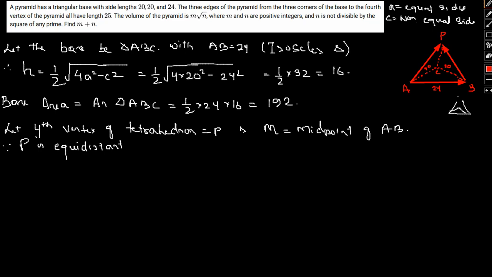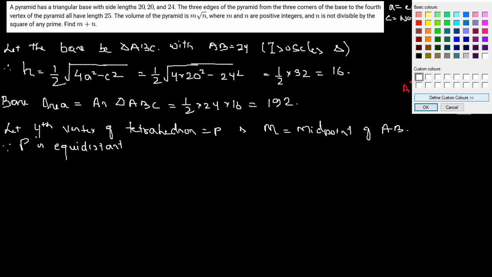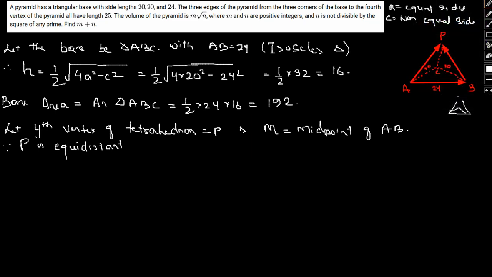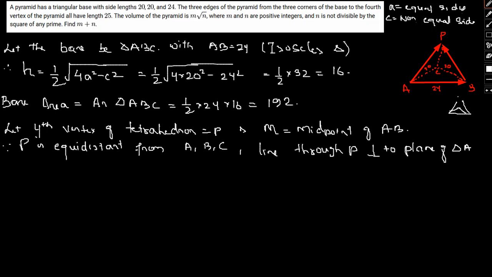As we can see, P is equidistant from all of A, B and C. So a line through P will be perpendicular to the plane of triangle ABC.